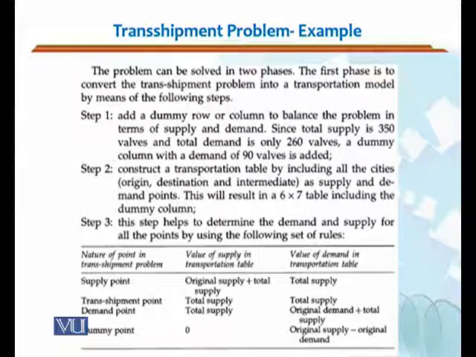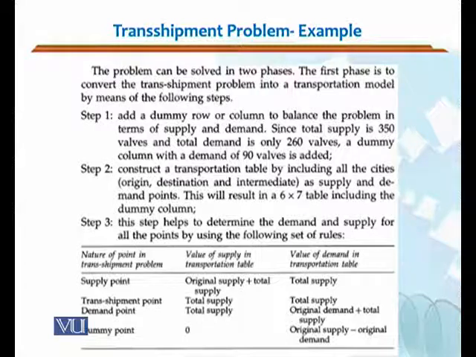You would know the procedure of balancing a transportation problem from your previous course in operations research or linear programming. Since total supply is 350 valves and the total demand is only 260 valves, a dummy column with a demand of 90 valves is added.